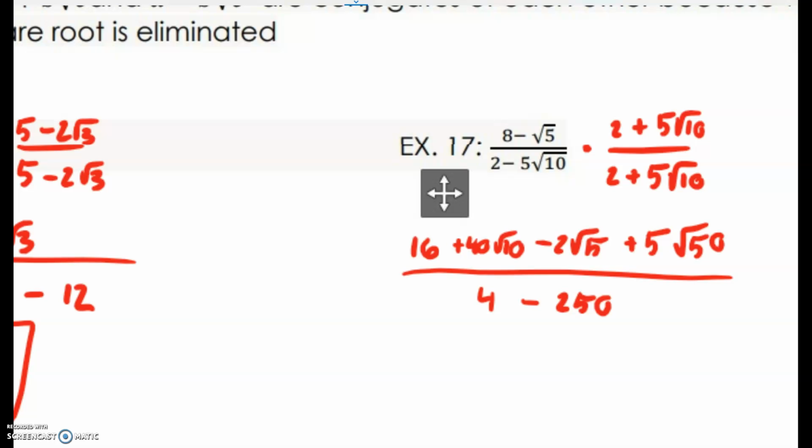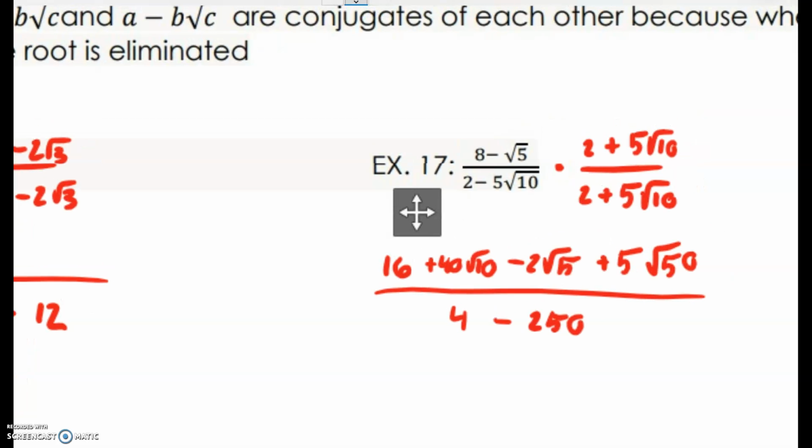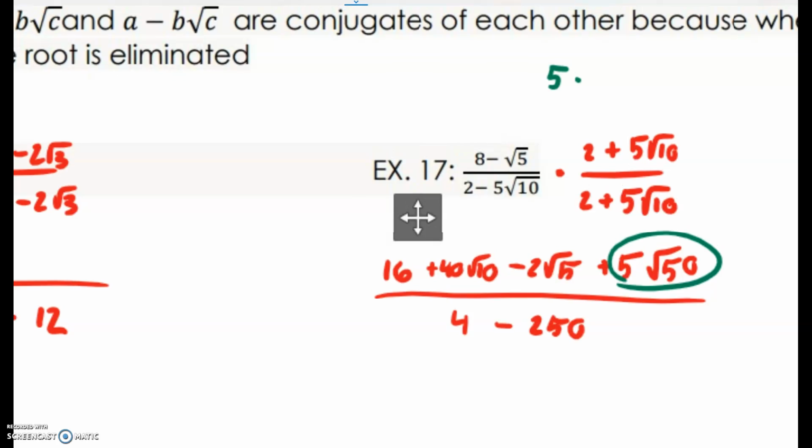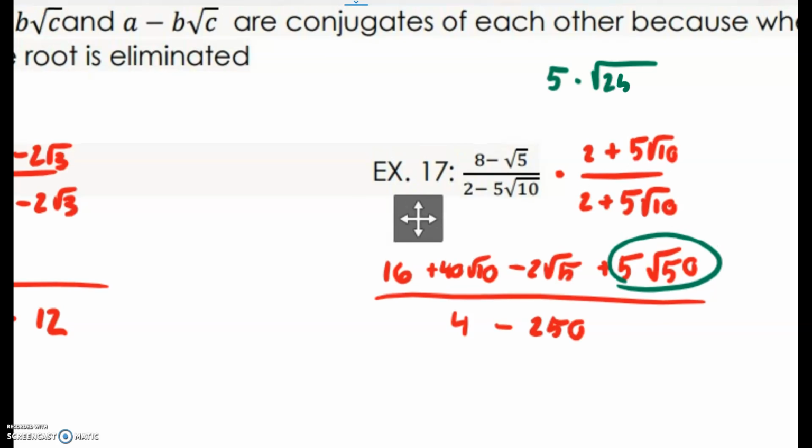So this is going to be, I'll just put it up here in green so that you're not getting confused. So I'm looking at just this guy here. That is 5 times the radical of 25 times 2. And this can be pulled out to another 5, right? So that's going to be 25 radical 2. So that's what I'm going to put for that term.